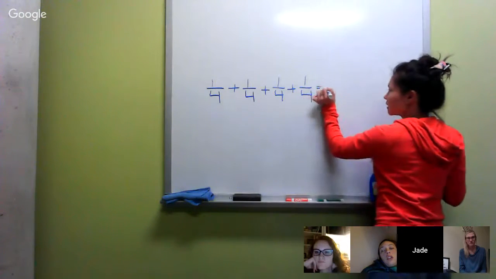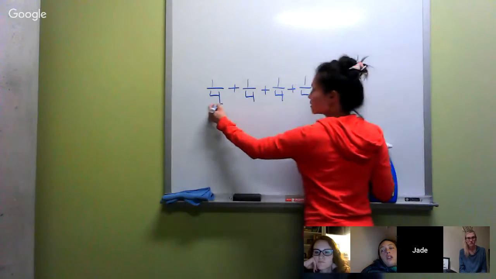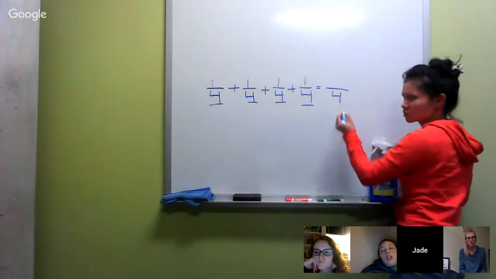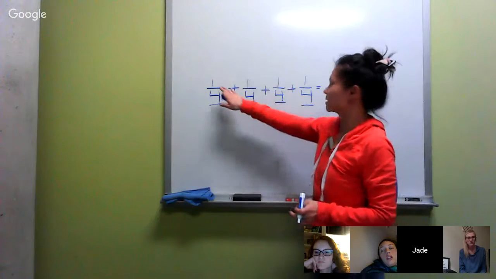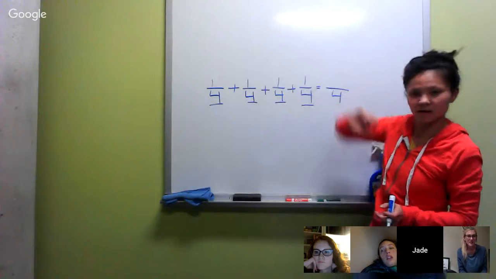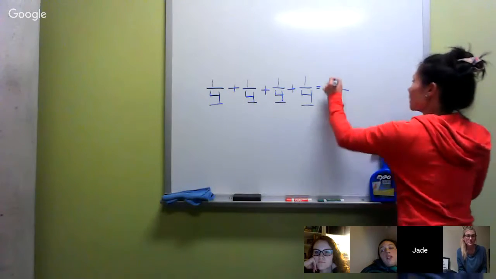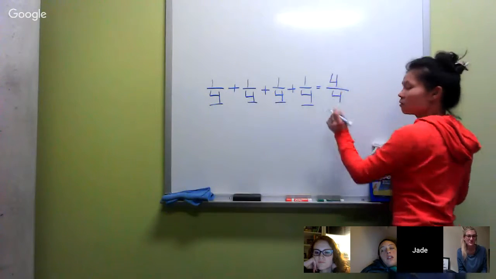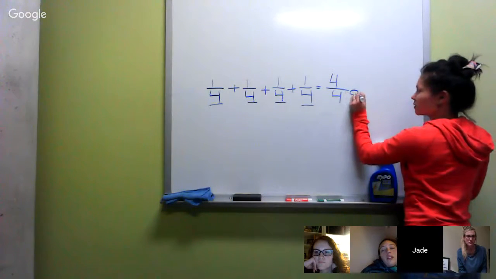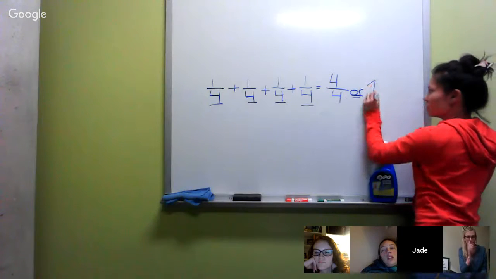So in this other example, we're leaving all the bottom numbers the same. So could you please add the top numbers, Allison? 1 plus 1 plus 1 plus 1. That's 4. So I'll put 4 right here. 4 over 4 is still a whole, but we can also write it as a 1.